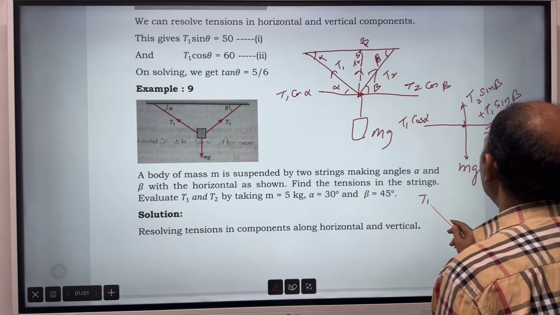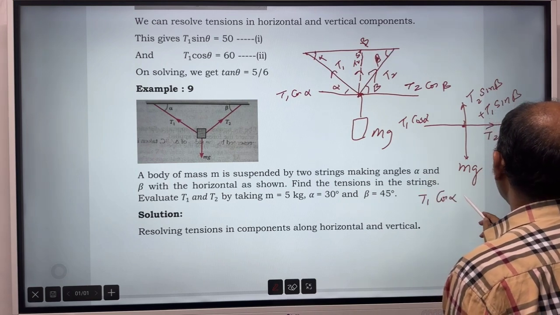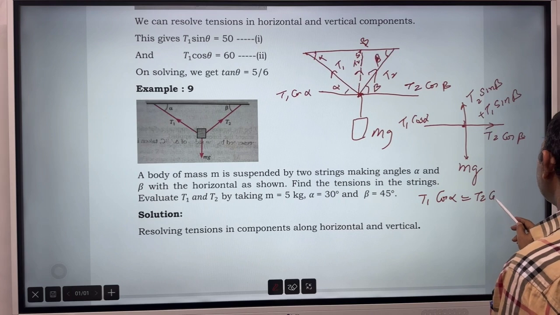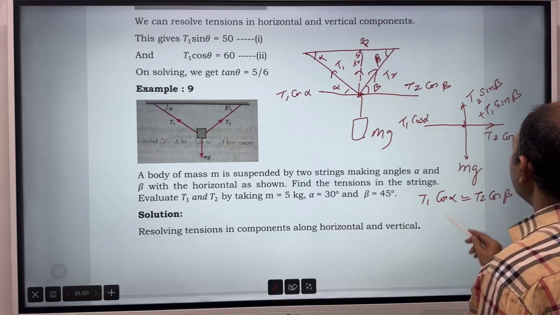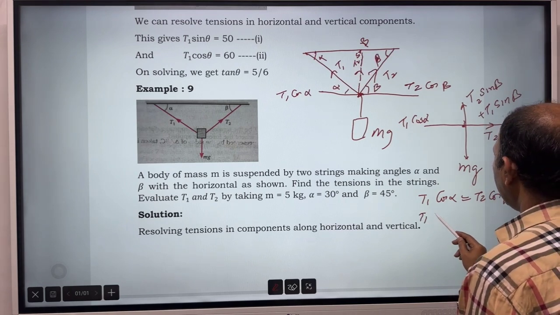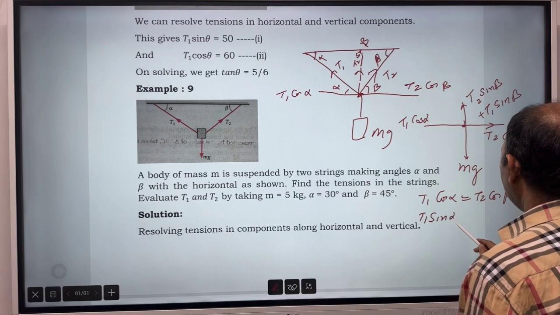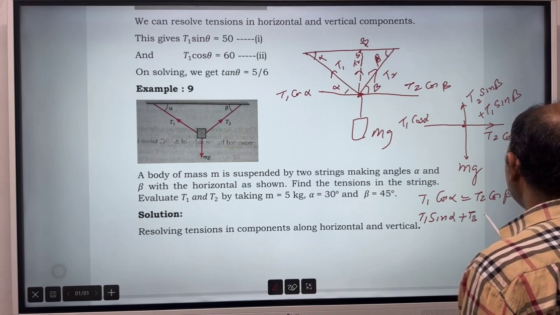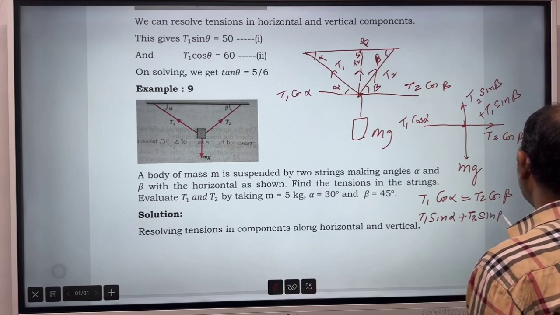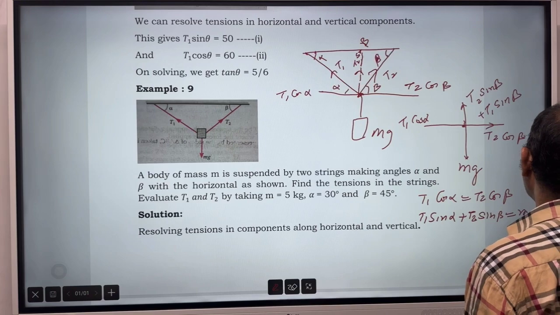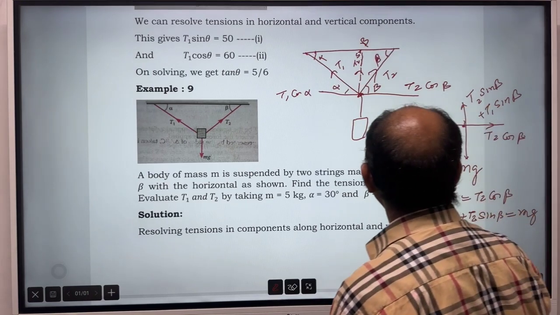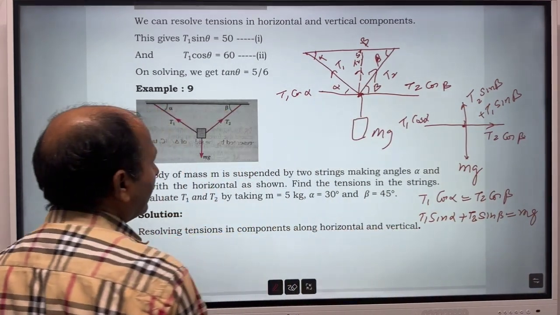So you can write T1 cos alpha must be equal to T2 cos beta, and then you can write T1 sin alpha plus T2 sin beta must be equal to mg. So you have got two relations.